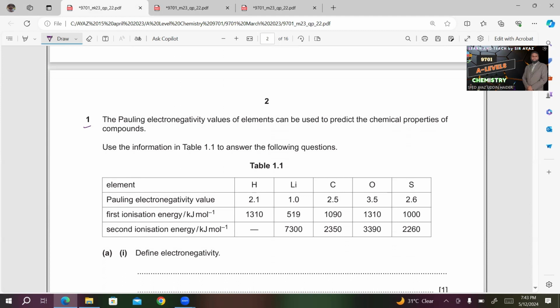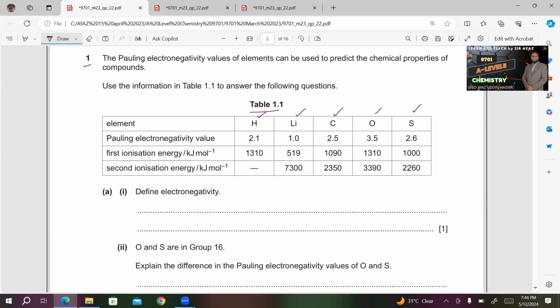Use the information in table 1.1 to answer the following questions. Here's table 1.1. Elements provided are hydrogen, lithium, carbon, oxygen, sulfur. Pauling electronegativity value, first ionization energy and second ionization energy in kilojoule per mole is provided here.